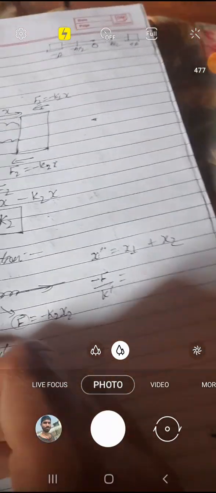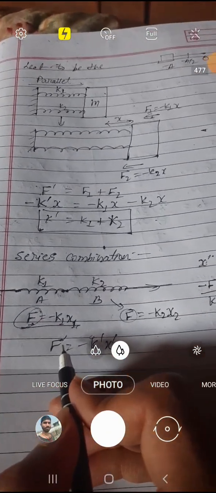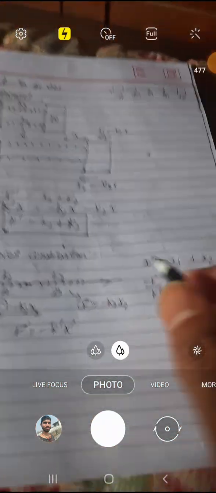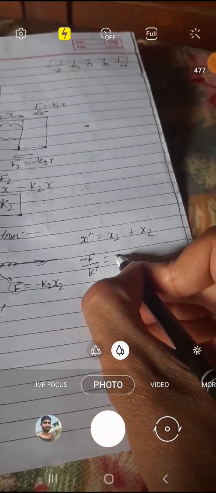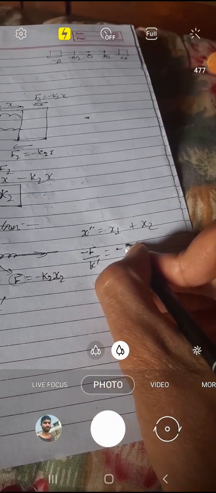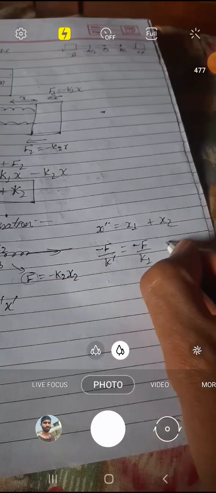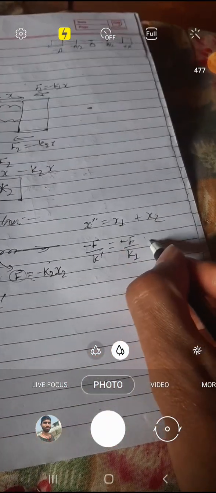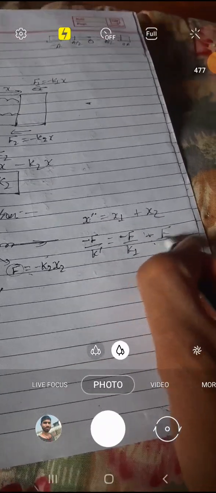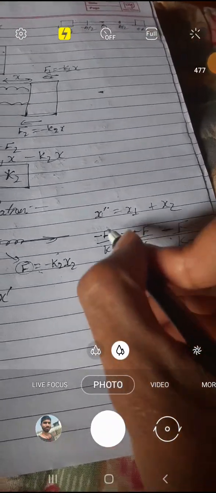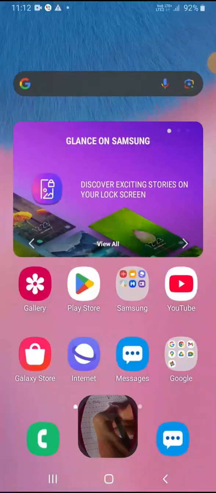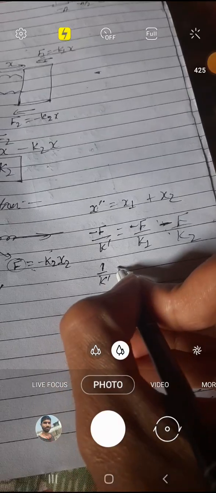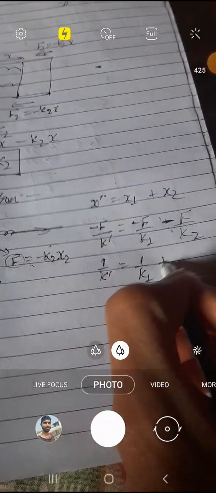What is x1? From here, x1 comes out to be minus F by k1, and x2 comes out to be minus F upon k2. From here all the F got cancelled and we get 1 by k dash equal to 1 by k1 plus 1 by k2.